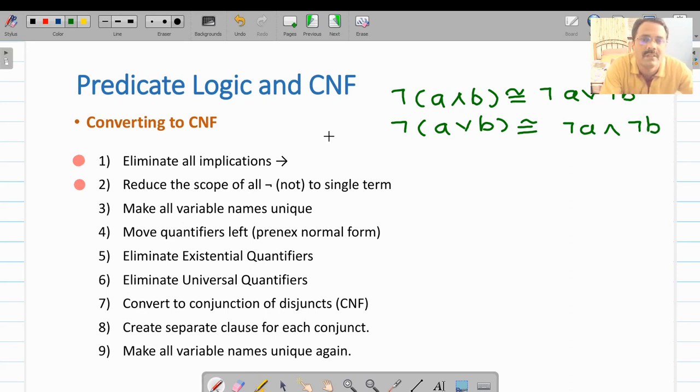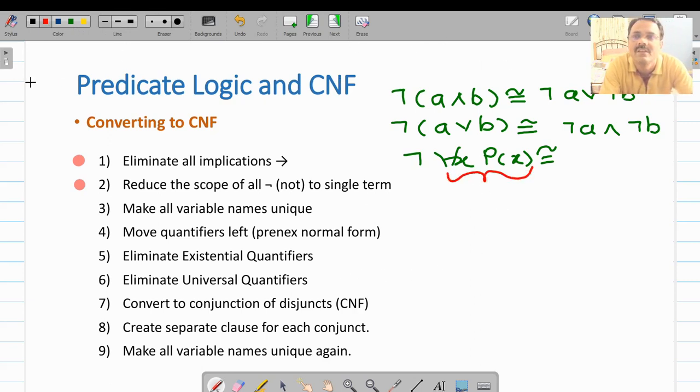Another variation of this: sometimes you can have not for all X, P of X, because in predicate logic we have arguments also. The scope of this not is with both of these, so you have to reduce it. By De Morgan's law, this is equivalent to this: for all X becomes there exists X, and the scope of not will be with the individual predicate.